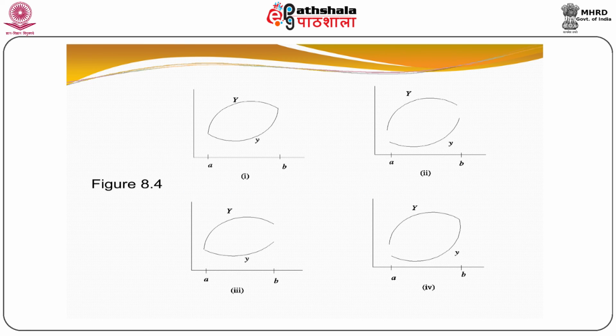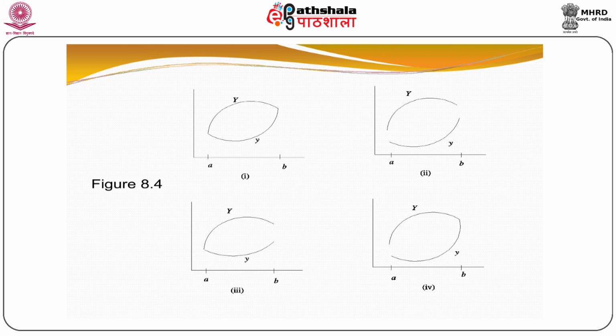Consider figure 8.4. There are 4 figures. In the first figure, two curves meet at both points, lower curve small y, upper curve capital Y. In the second figure, both curves do not meet at the end points. In the third figure, both curves meet at the lower point, but at the upper end they do not meet.